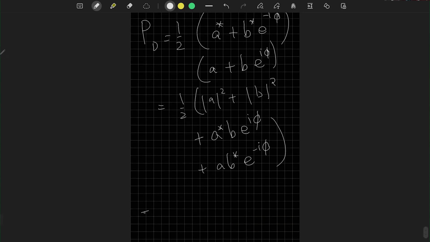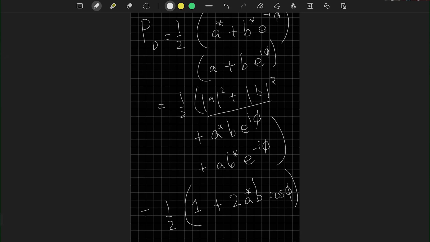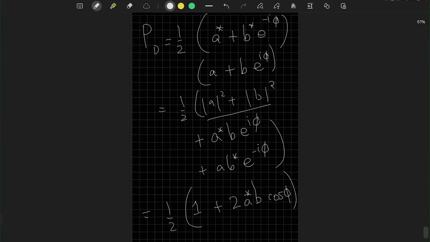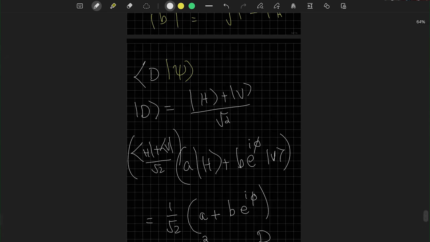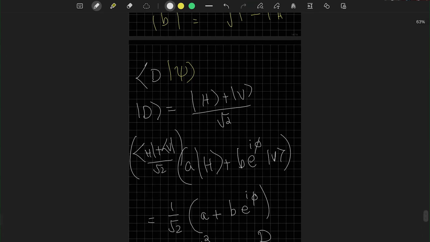This is A square plus B square is 1, right? Plus 2 A star B cos phi. Now, in my original description, A and B are real numbers, because here A is a real number, B is a real number.